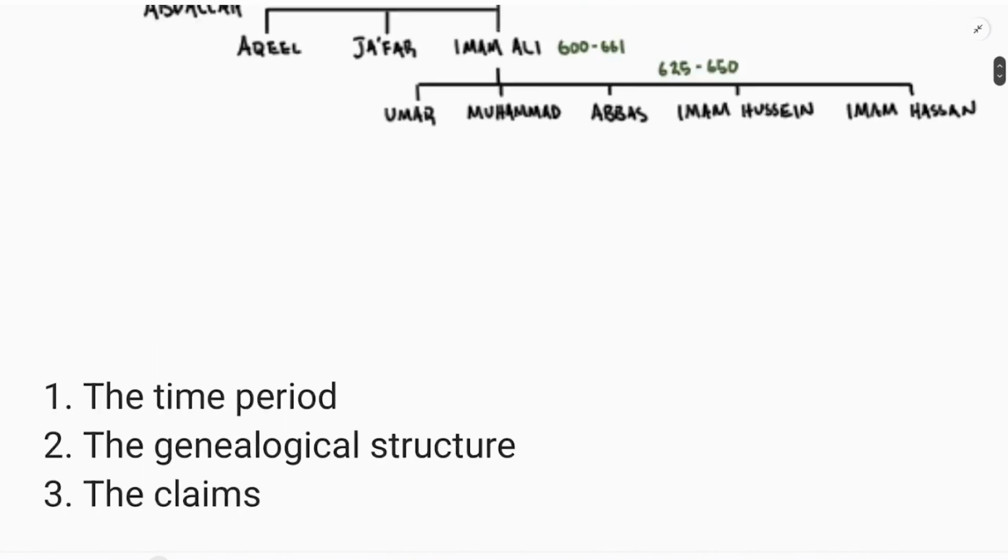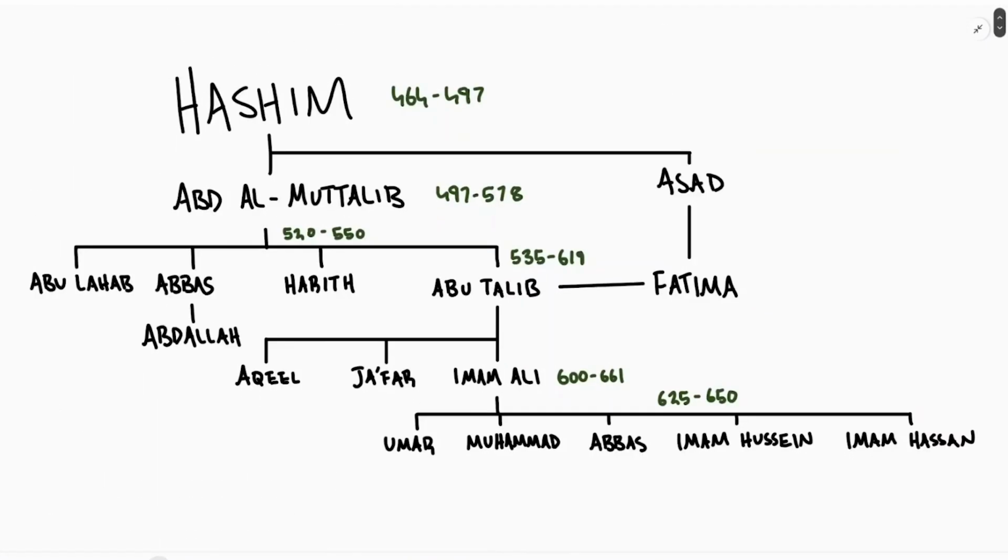So it's best we first analyze the genealogical structure of the Banu Hashim, at least in the early years. Hashim only had descendants through his one son Abdullah. His son Asad only had one daughter who married Abu Talib alayhi salam. And Abdul Muttalib only had four sons who continued his progeny: Abu Lahab la'natullahi alayh, Abbas, Harith, and Abu Talib alayhi salam.